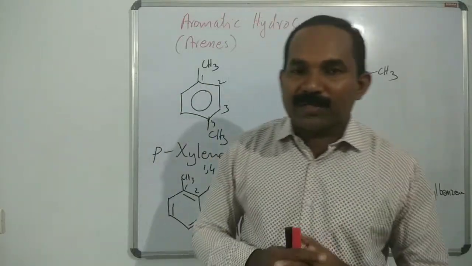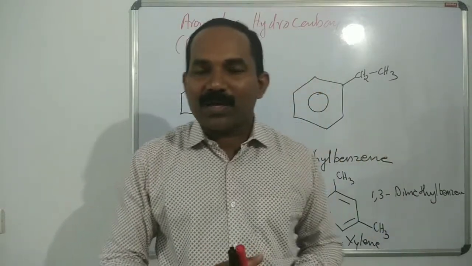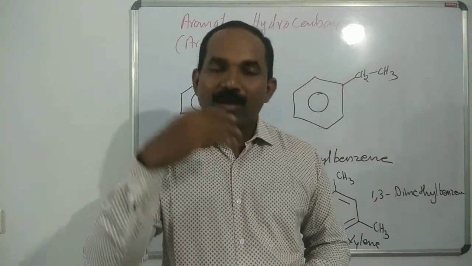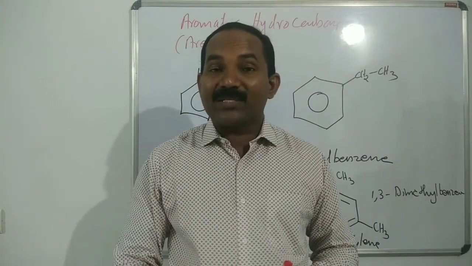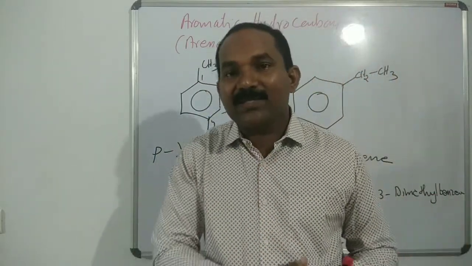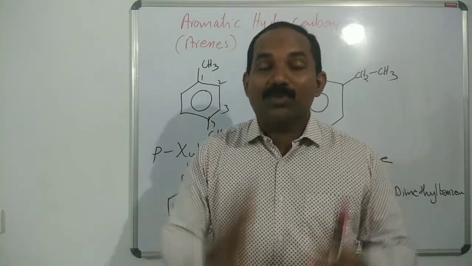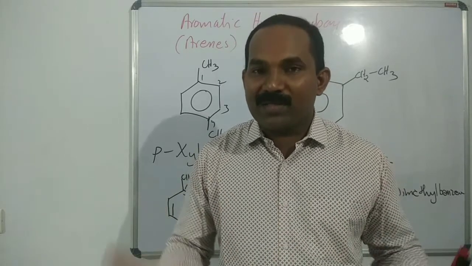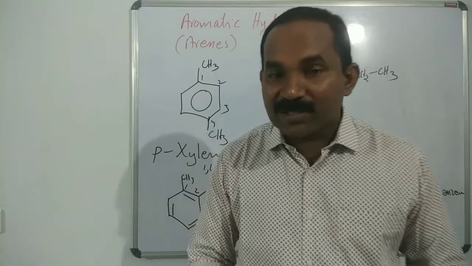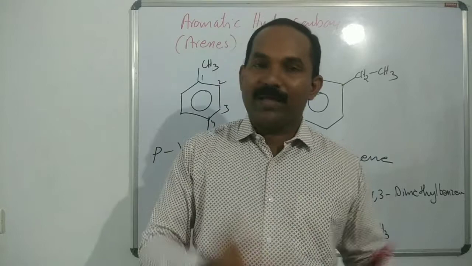Naming of aromatic compounds is easy. Benzene with one methyl group is toluene, with an ethyl group is ethyl benzene, and with two methyl groups they are called xylenes. Xylenes have position isomers: orthoxylene or 1,2-dimethyl benzene, metaxylene or 1,3-dimethyl benzene, paraxylene or 1,4-dimethyl benzene.